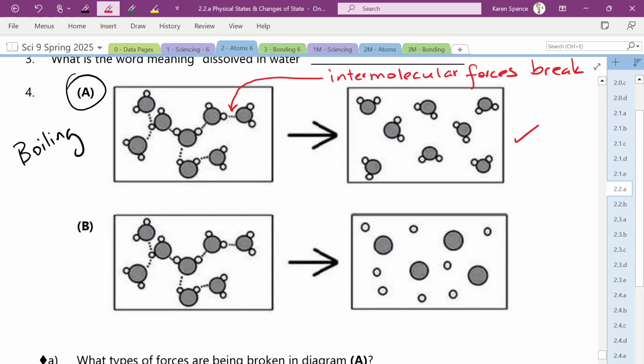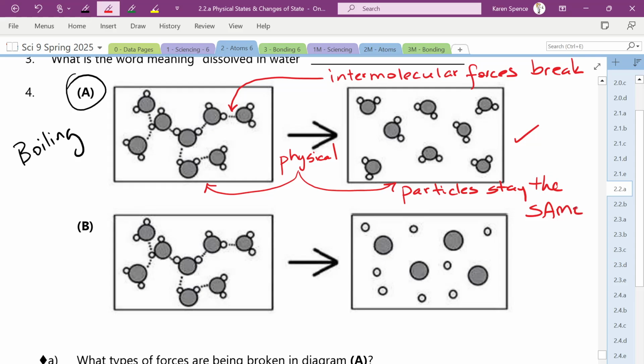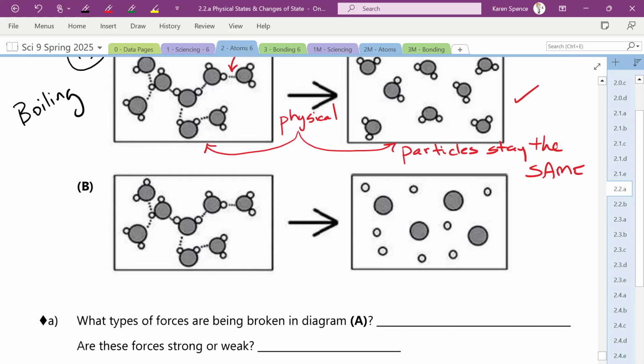Now, which of these represents a physical change and which one represents a chemical change? Which one is physical and which one is chemical? A is physical because the particles stay the same. And what would B be?